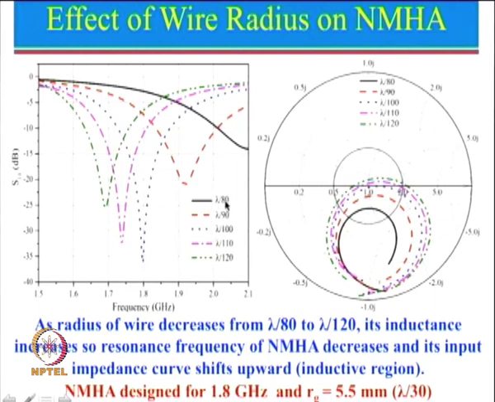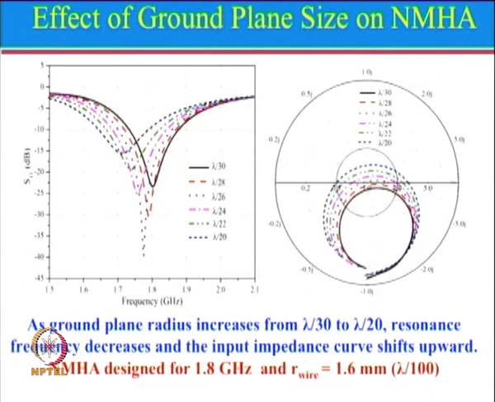The wire radius here is lambda by 80, that is the response curve over here, then lambda by 90, then lambda by 100, then 110, and then lambda by 120. Just to remind, in the previous case we had taken the wire radius to be 1.6 mm, which corresponds to lambda by 100.